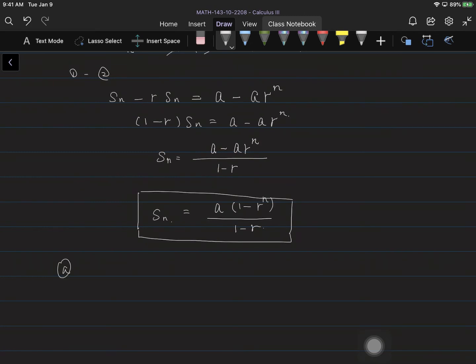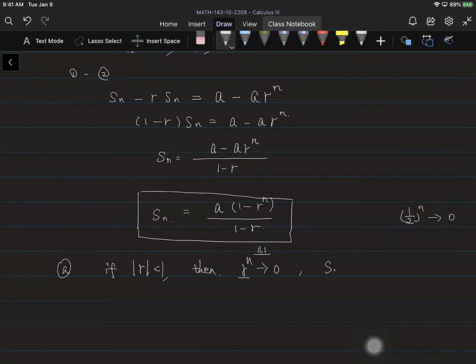Next, let's take a look at the limit of Sn. If the absolute value of r is less than 1, then r to the n goes to, do you still remember the limit, from 11.1? I think at the end we learned some commonly used limits, and this is one of them. When the absolute value of r is less than 1, r to the n goes to 0, right?